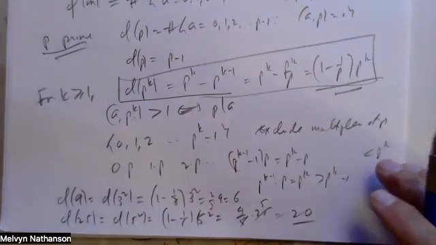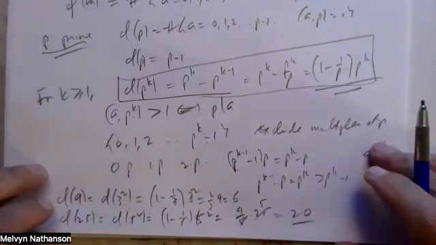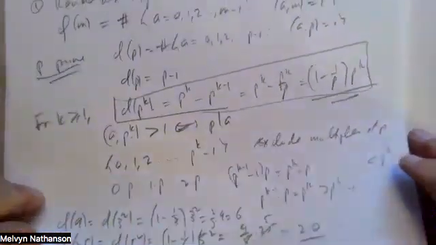Any questions about this? So I want to prove some more properties of the Euler phi function.